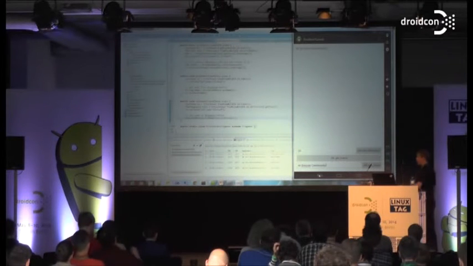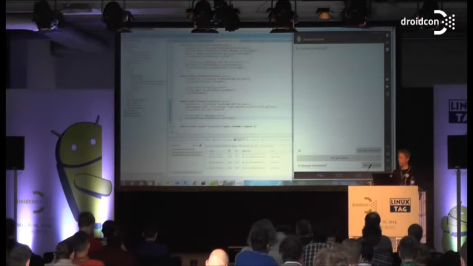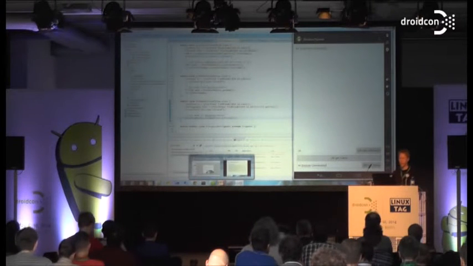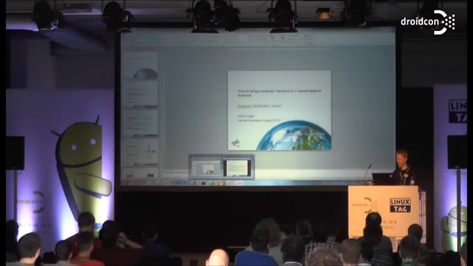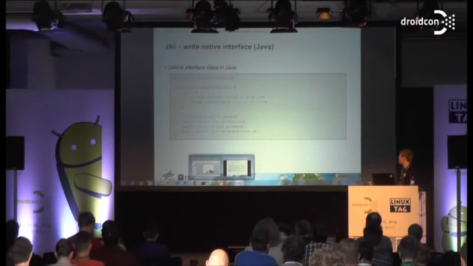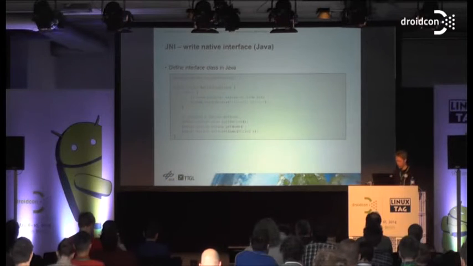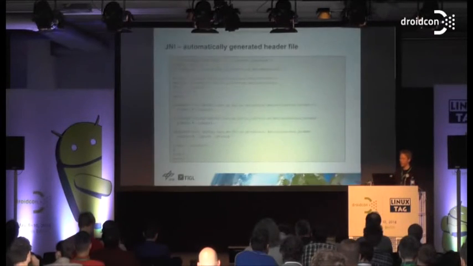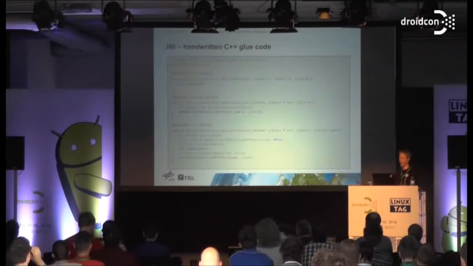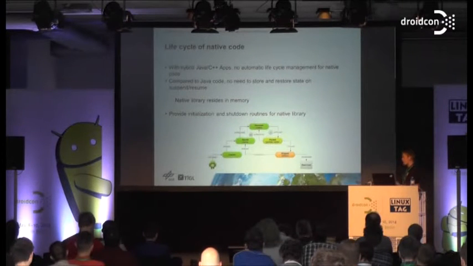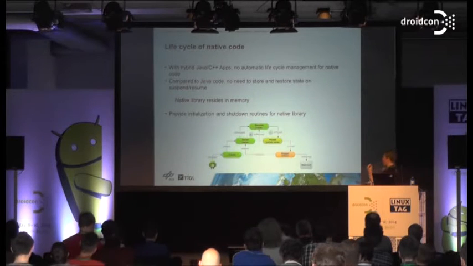So that's the demonstration. Now I'm coming to a part which is quite important. It's about the life cycle of native code, and it's different compared to what you have with Java code. We're skipping this, I already did that here in the tutorial. So you probably know that an Android app has several steps in its life cycle: started, resumed, paused, stopped, created, whatever.